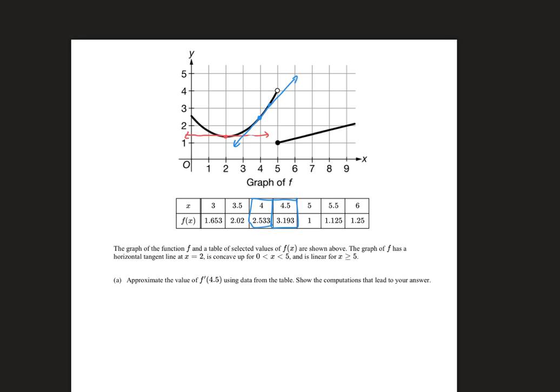We'll say f prime of 4.5 is approximately f of 4.5 minus f of 4, all over the difference in x.